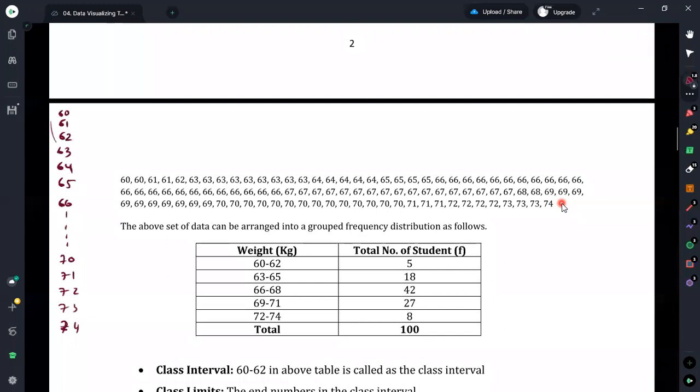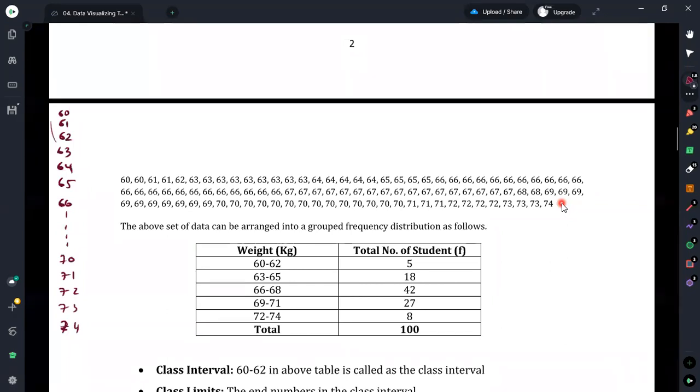We group a set of values into one class and then we have their associated frequency. Here I have taken the classes as 60 to 62, 63 to 65, 66 to 68, 69 to 71, and 72 to 74.